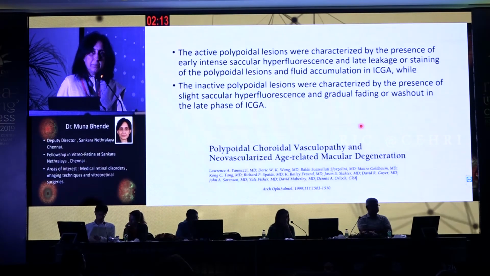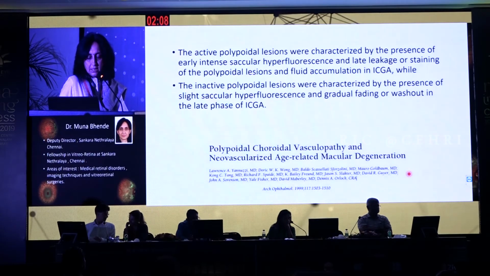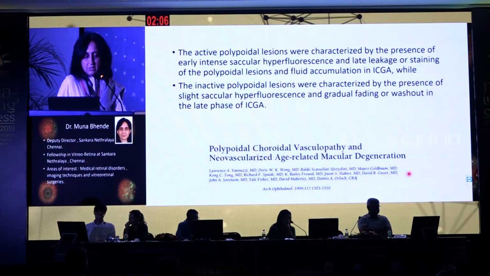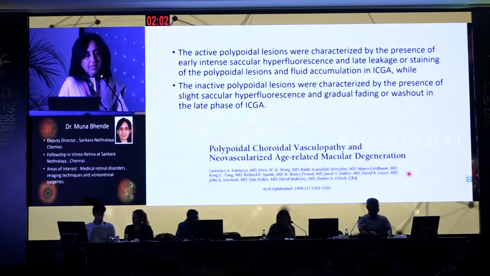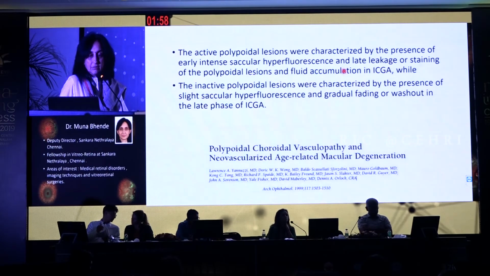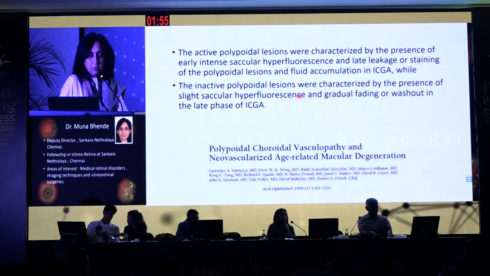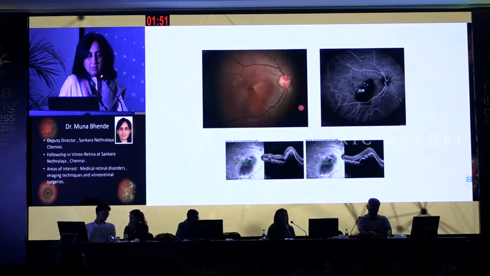Now what about polyp activation and polyp inactivation? This was an article by Dr. Januzzi in 1999, where they described active PCV and inactive PCV. So the term inactivation means conversion of the active polypoid lesions into inactive lesions. And how do you differentiate them?